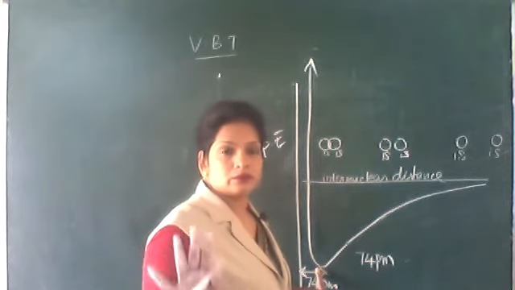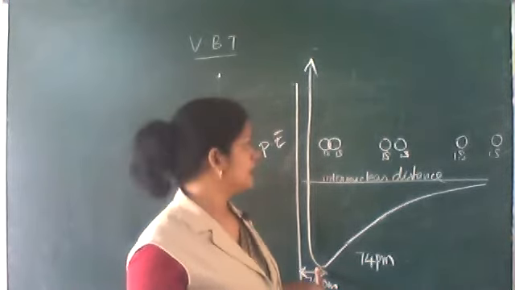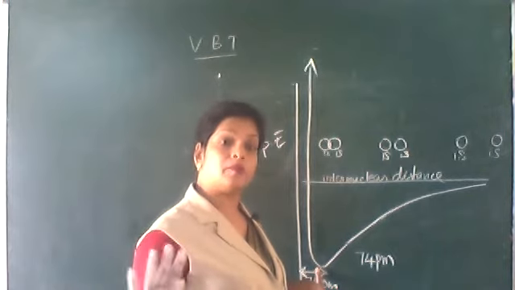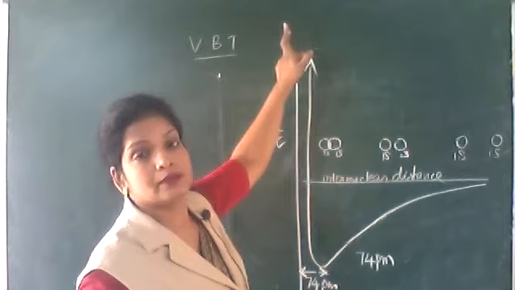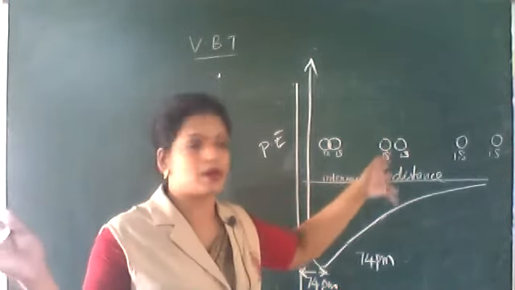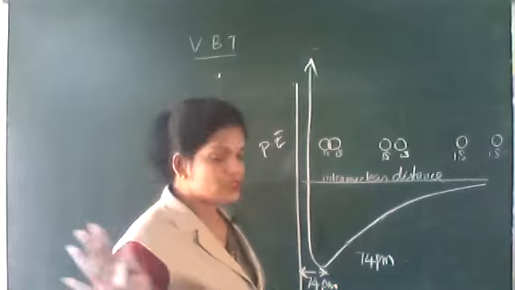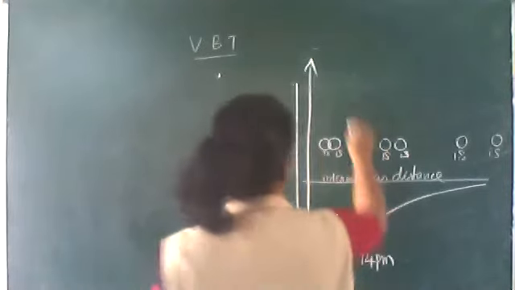Now attractive forces are equal to the repulsive forces. And when they are made to come closer, then the potential energy shoots up. That means these atoms move far apart. Okay, this is the potential energy diagram for the formation of the H2 molecule.